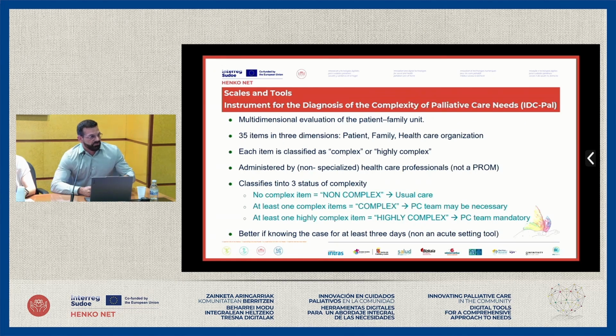This is the health giver who is conducting the assessment. So it also classifies into 3 stages of complexity with the same kind of results. And it's better if you know the situation of the patient for at least 3 days before assessing the level of complexity with these scales. So it's not a tool used for acute situations. It's something to identify chronic situations needing specialized care.